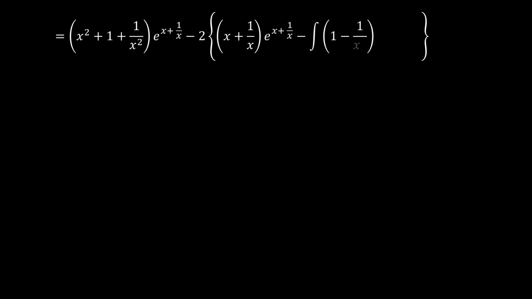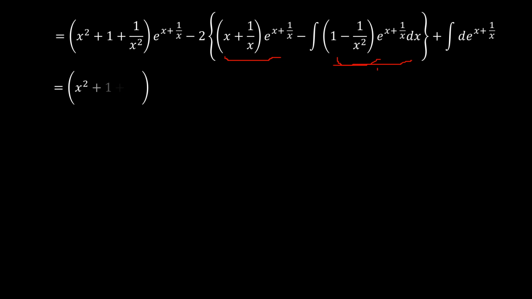It seems a little bit nested, but we can continue doing the same thing as shown by the big brackets here. So the antiderivative is e to the power x plus 1 over x times the x plus 1 over x. Now inside the bracket, we obtain the derivative of x plus 1 over x, and so these two values here are now the same as the derivative of e to the power x plus 1 over x.